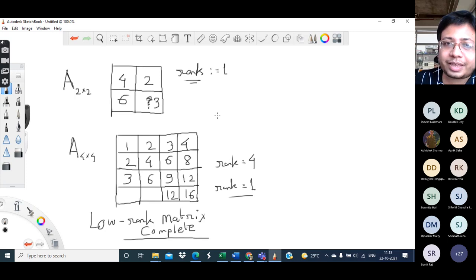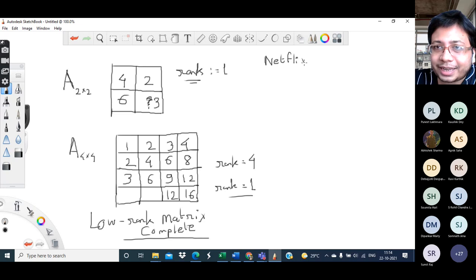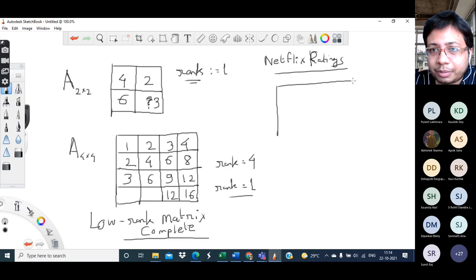Now why is this important? This problem is actually quite important in various applications of machine learning. Most importantly, it is important in the Netflix ratings challenge problem. So what is the Netflix ratings problem? The problem is as follows.